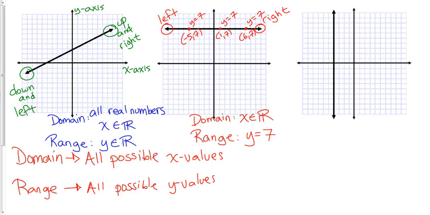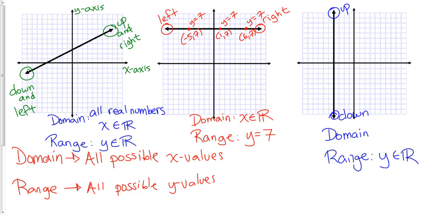We see a similar thing happen in our final example, where we have an arrow going up and an arrow going down, which means our range is all real numbers. So y can be any number. But in this case, all of our x values are the same.